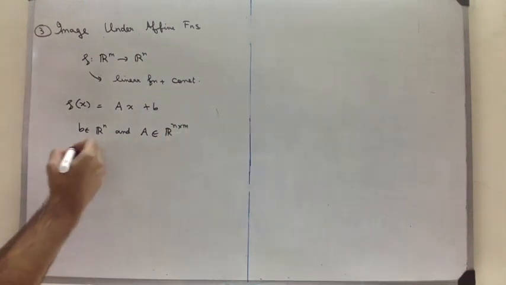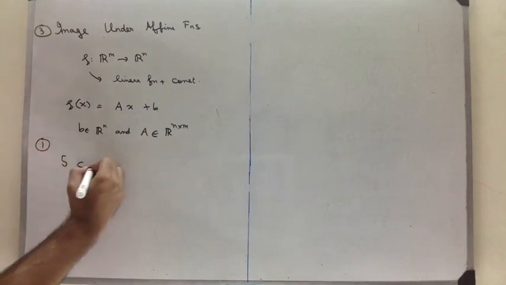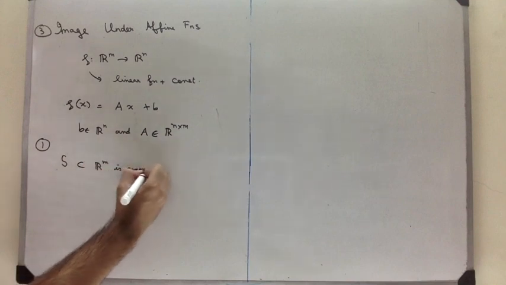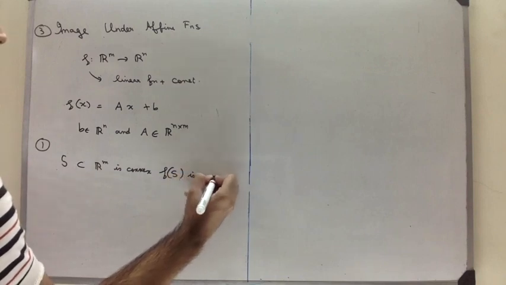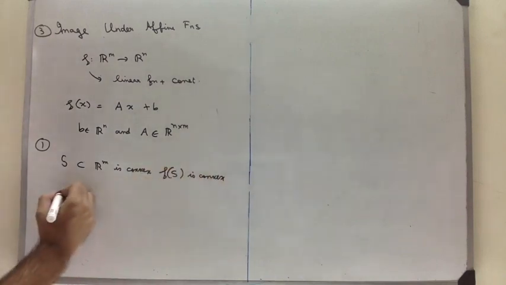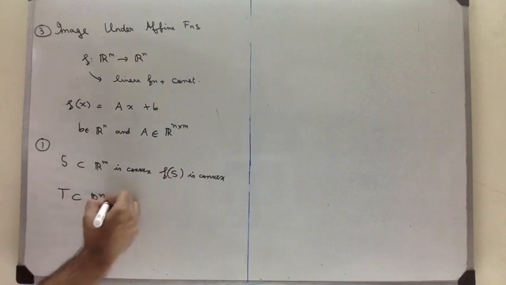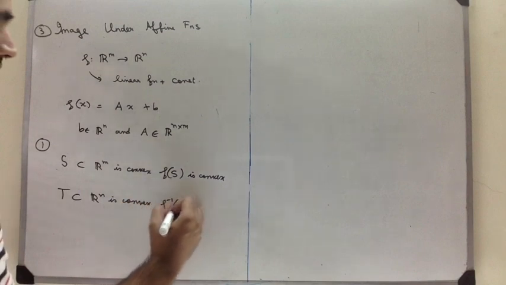One can very easily check that if S, a subset of Rm, is convex, then f of S is convex. And if T, a subset of Rn, is convex, then f inverse of T is convex.